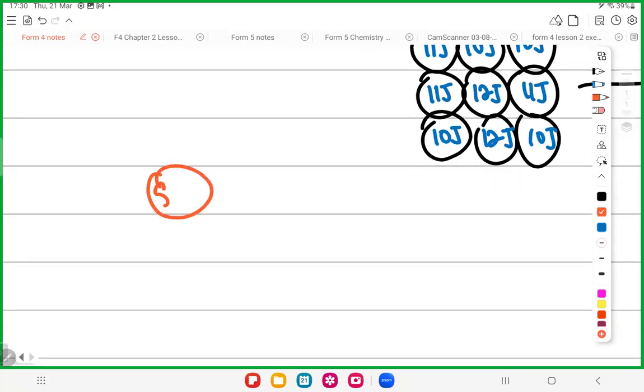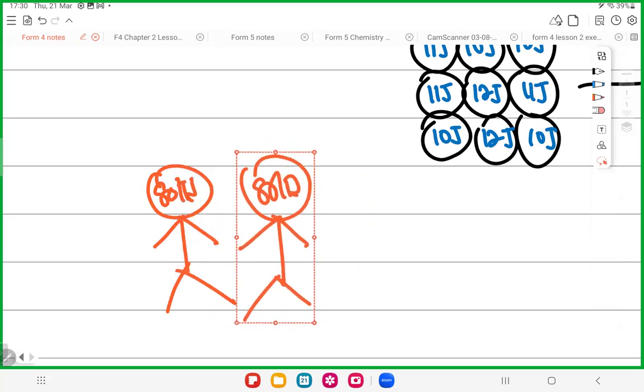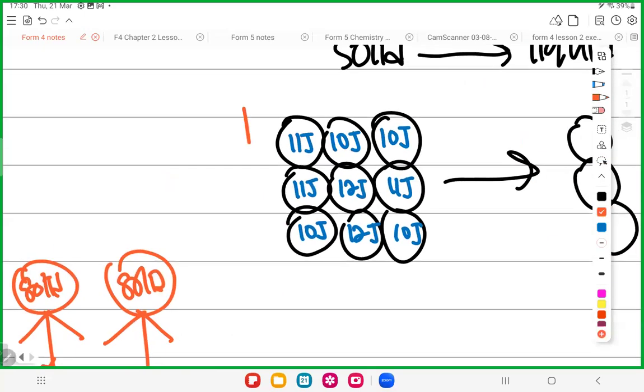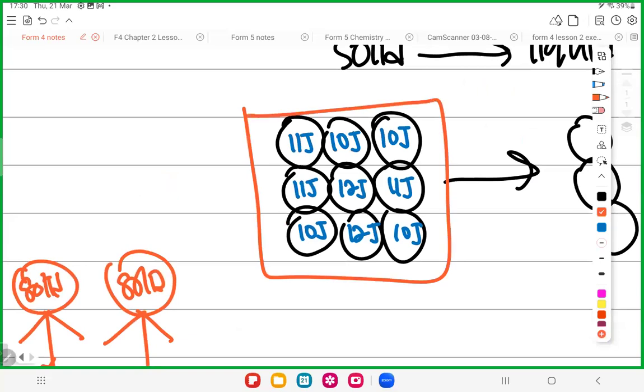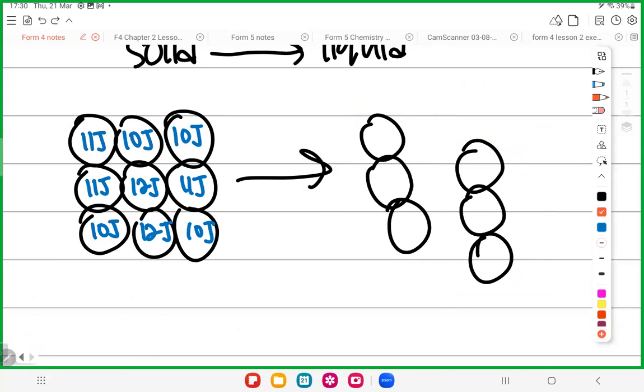Now, when you want to change the solid to liquid, you need to do this. This is solid. They are holding hands with another solid, which means they are sticking together like this. When you want to change the solid to become liquid, you want to break them apart.